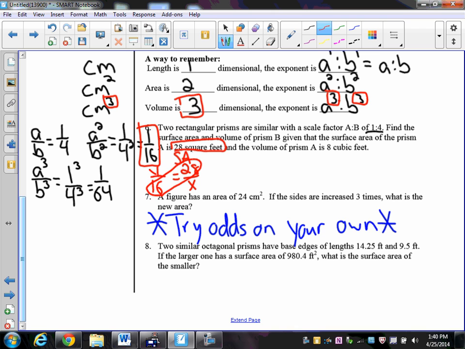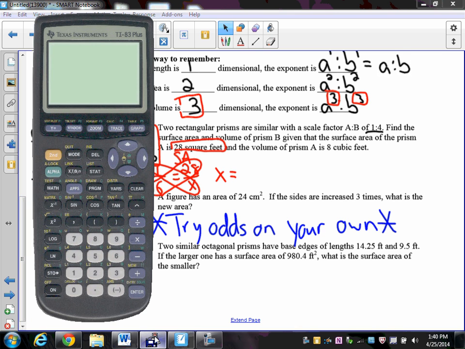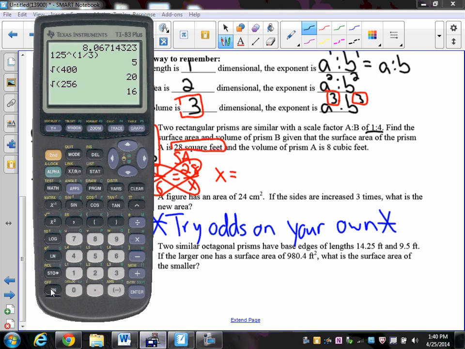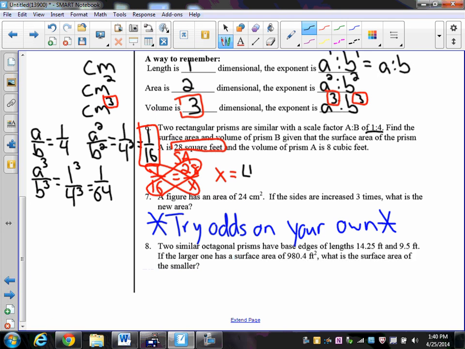Whenever I cross multiply it, I'm going to get x is equal to 16 times 28, which is 448. So x is going to be equal to 448 feet squared. So that's the surface area.